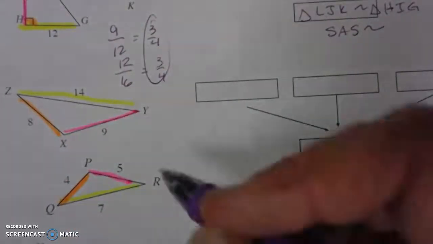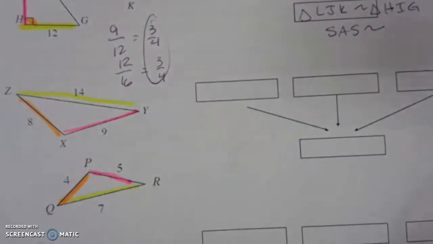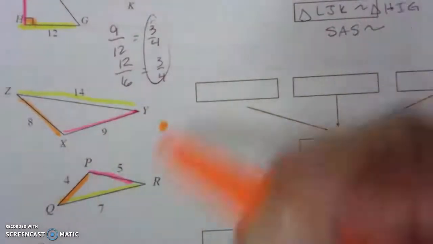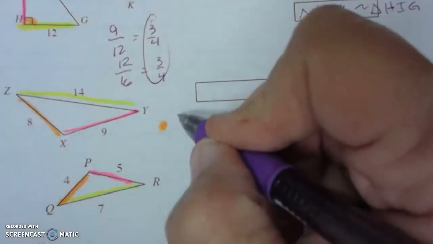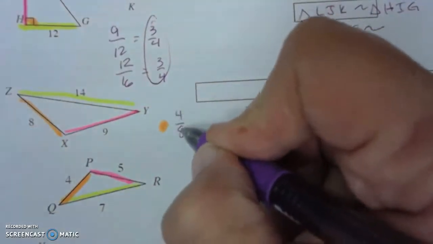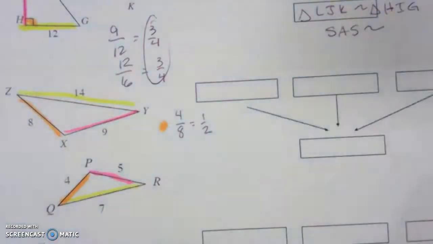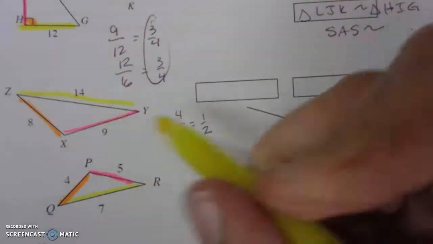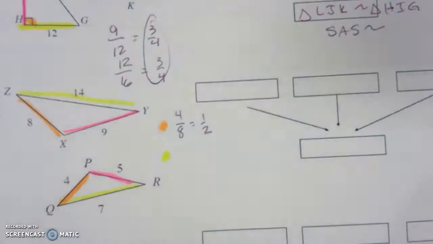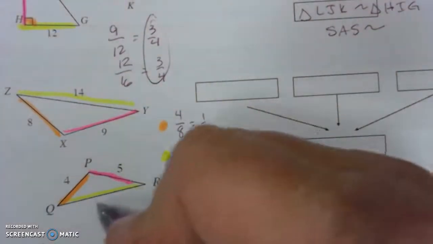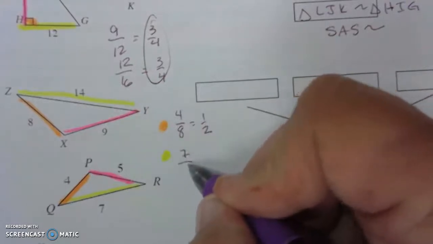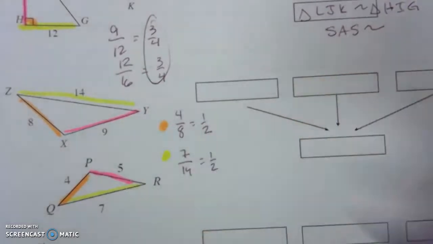The small is 4 over 8. That reduces to 1/2. I'm going to do my large. I'm just color coordinating so you can see where these numbers are coming from. I started with this bottom triangle on top, so 7 over 14 equals 1/2.